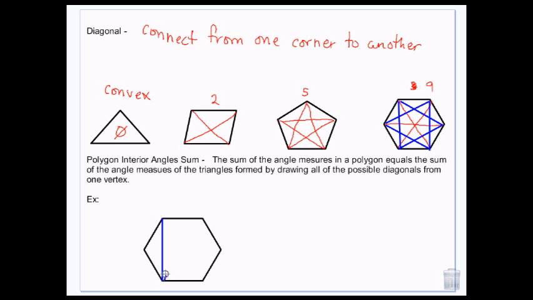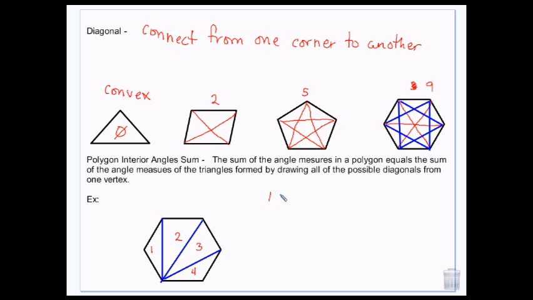Okay. If I draw all of the possible diagonals from one vertex, I make triangles. My lines aren't perfect, so they're not actually making triangles, but you see how I make triangles? And I have 1, 2, 3, 4 triangles.